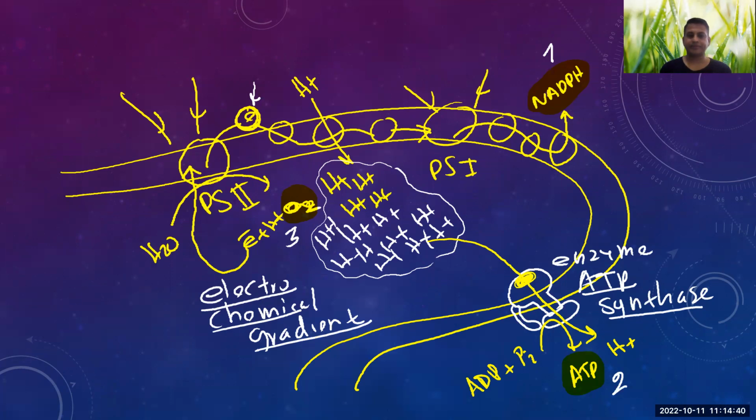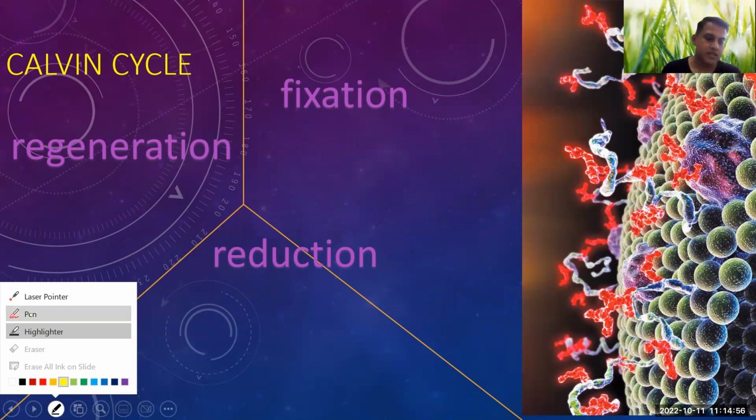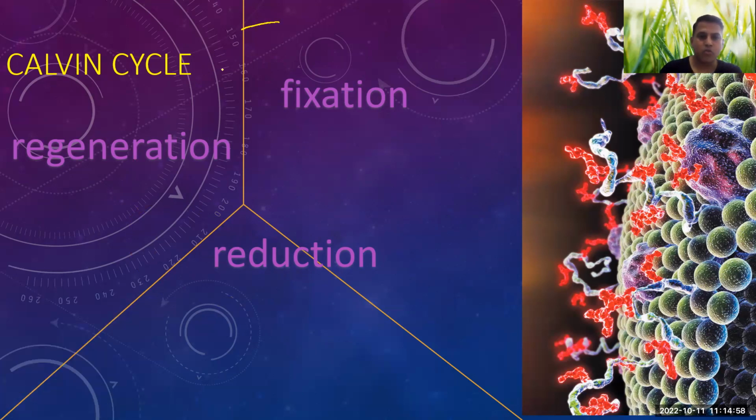Okay, the light-independent reaction is also called the Calvin cycle, and the Calvin cycle takes place in the stroma. So far, everything happened in the thylakoid membrane. So this is the thylakoid, and this place is the stroma.